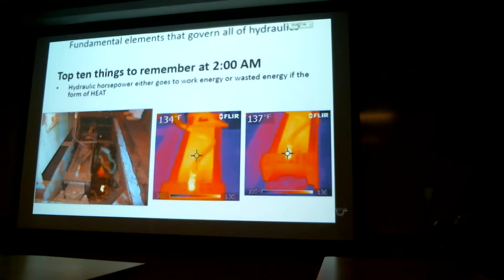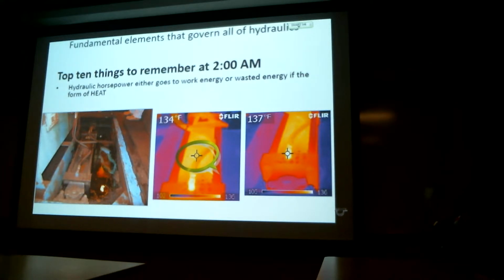Alright, what we want to prove with this is hydraulic horsepower either goes to work or it goes to wasted energy in the form of heat. And what I've got here is you look at the picture, I've got an example of that. There's a hydraulic cylinder working down in the bottom of a machine, and over to the right, you see I'm measuring the hose temperature at 134 degrees.